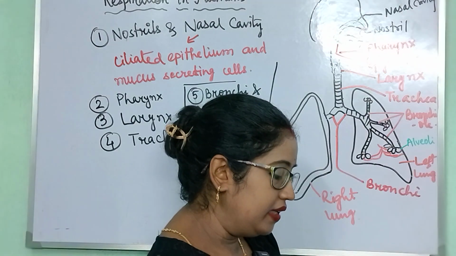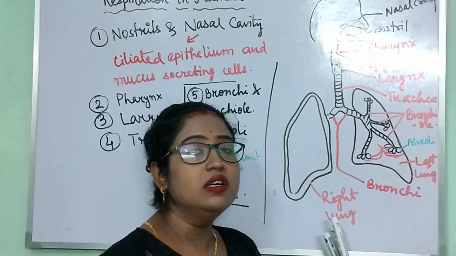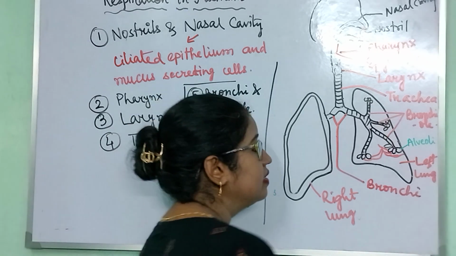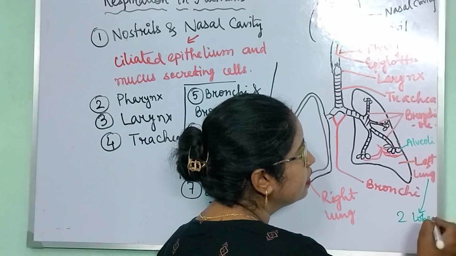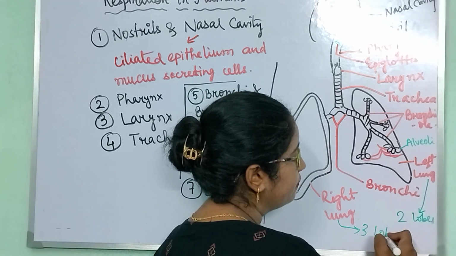The right lung is slightly bigger than the left lung. The left lung has two lobes, whereas the right lung has three lobes.